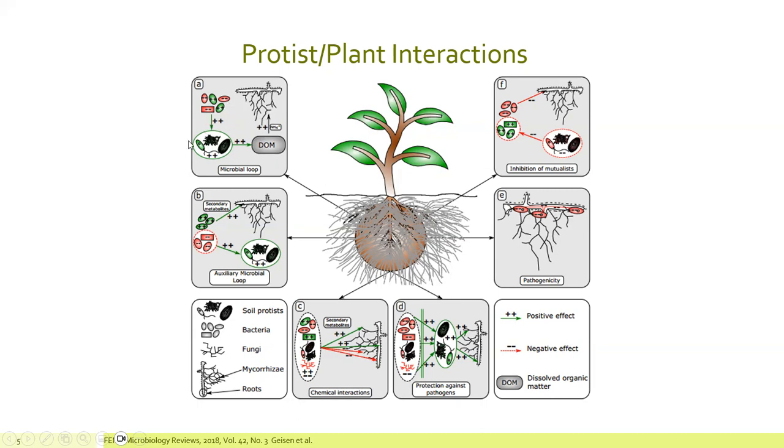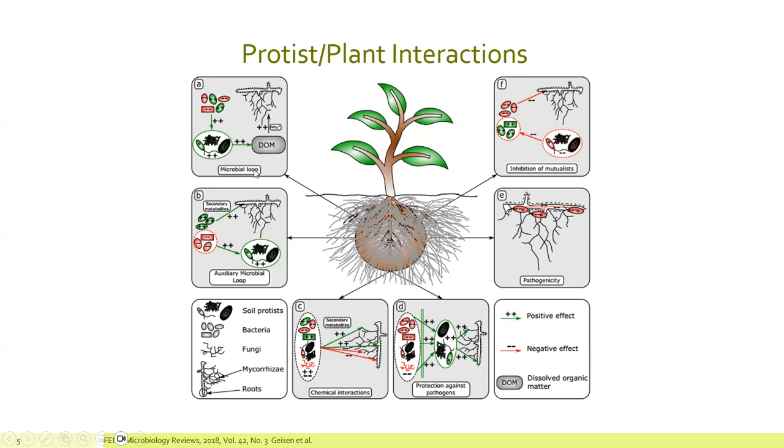As you all can see here, you have the protists, with the green arrow indicating that they consume gram-negative and gram-positive bacteria. By consuming them, they release plant nutrients in plant-available form that the plant can easily take up.